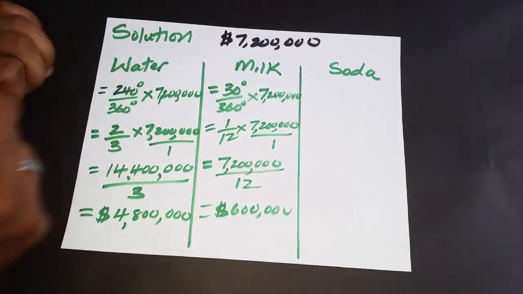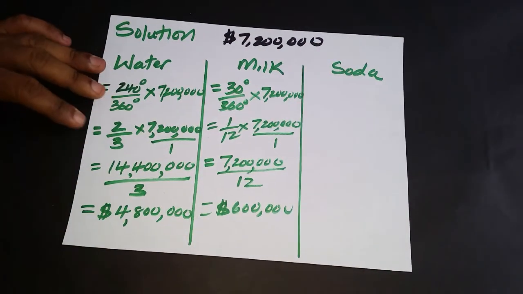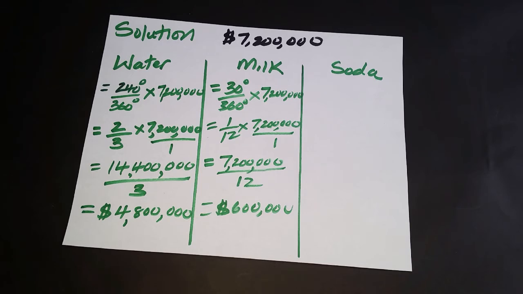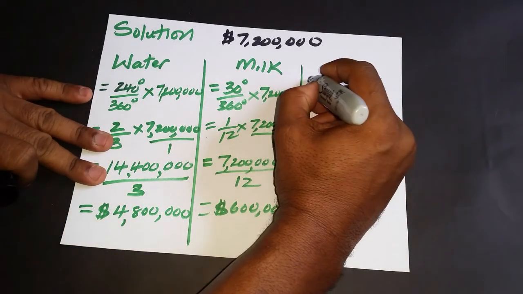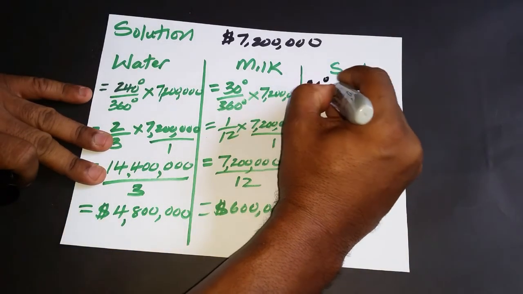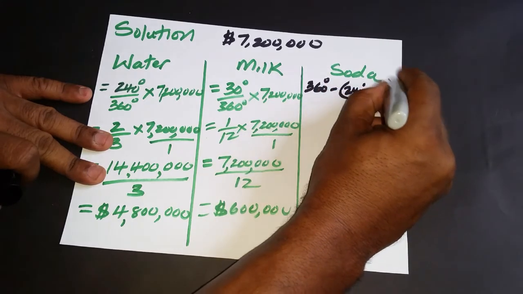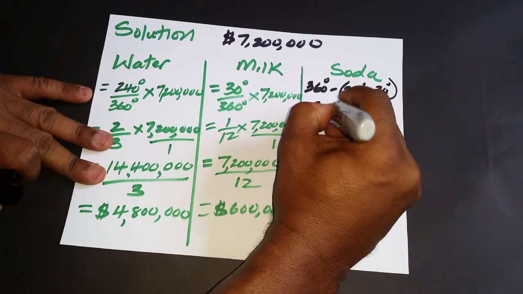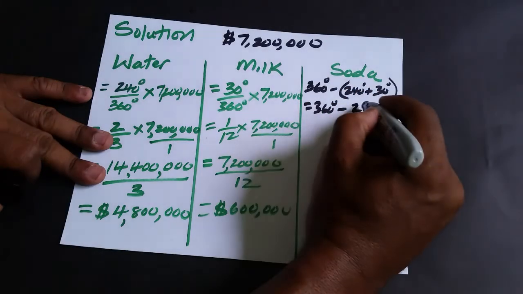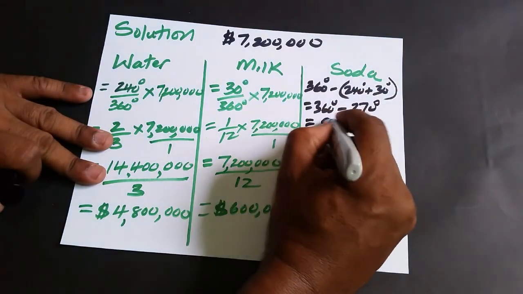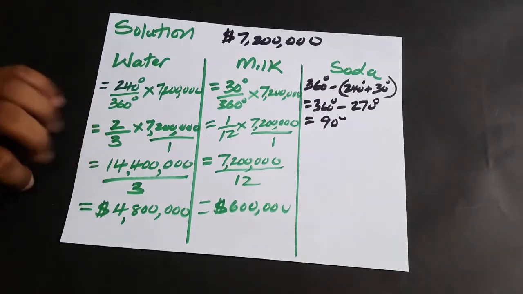So the angle, let's just get that out of the way first of all. The angle 360 degrees minus the sum of 240 degrees plus 30 degrees, that would give you 360 degrees minus 270 degrees. So the angle for soda would be 90 degrees.